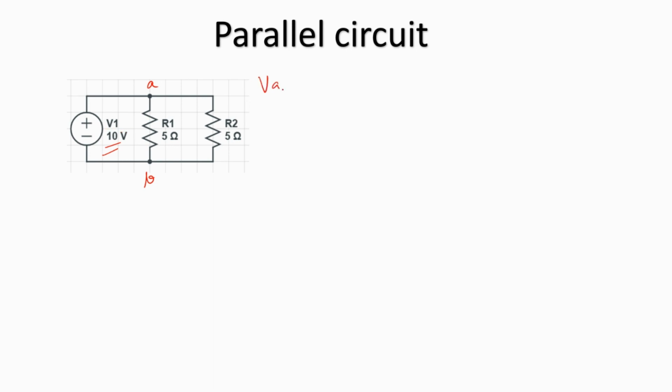So this means that VAB is going to be 10 volts, which implies that the voltage across R1 is also 10 volts and the voltage across R2 is also going to be 10 volts. So in case of parallel circuits, the voltage across the parallel elements is the same.